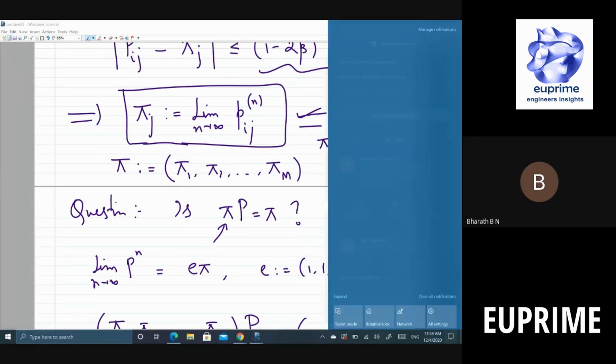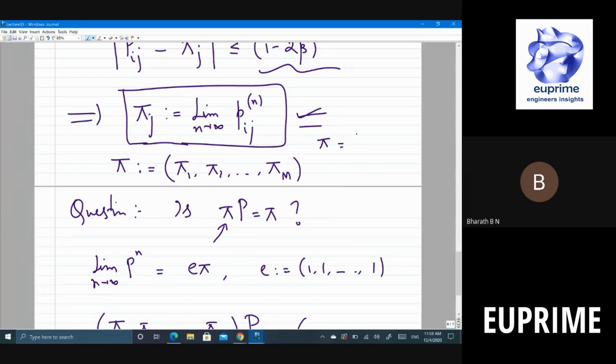So that's what you are doing. So this is essentially the limit of n tending to infinity of, let's say, the jth column of the P power n matrix. Is that fine? This is what you are trying to do.